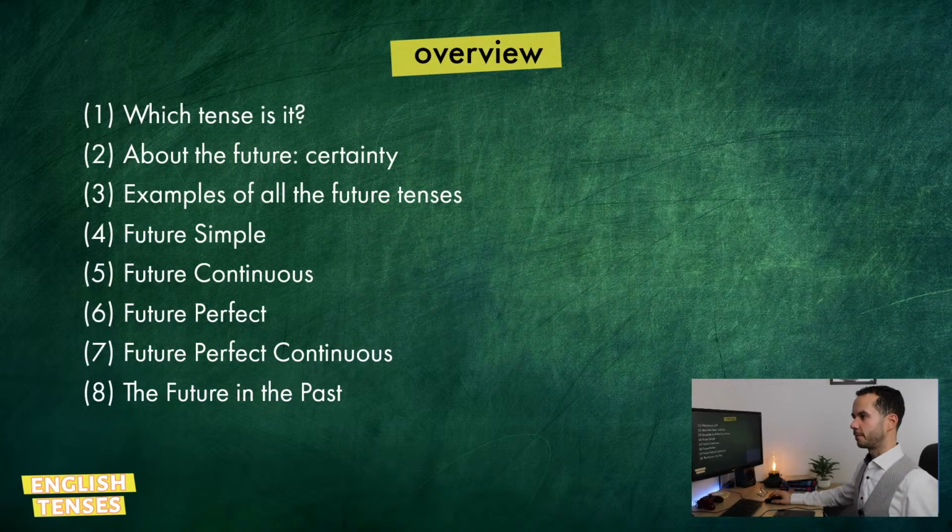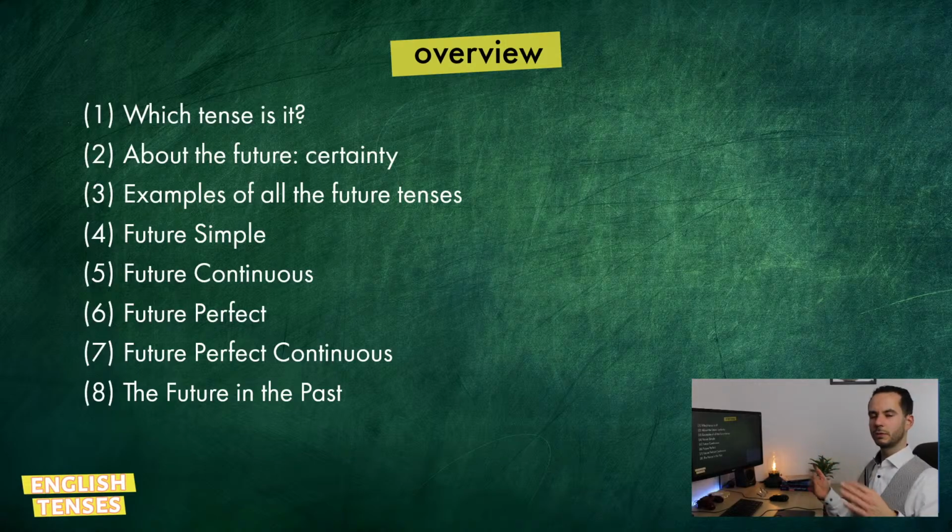So what have we done? We've looked at the text and we looked at the tenses. We talked about certainty and we talked about the order of where you would put all these tenses related to the certainty. I gave you some examples of all the future tenses. We looked at all of them: future simple, future continuous, future perfect, and future perfect continuous.